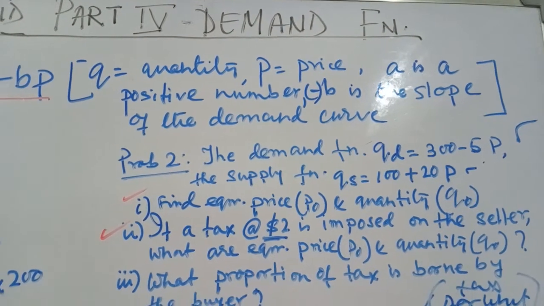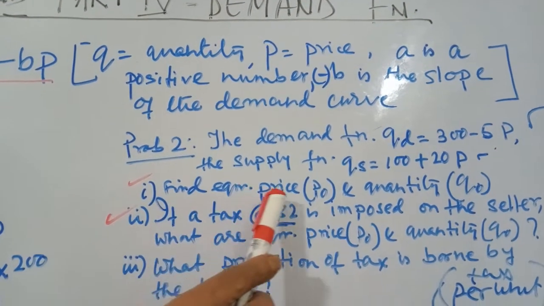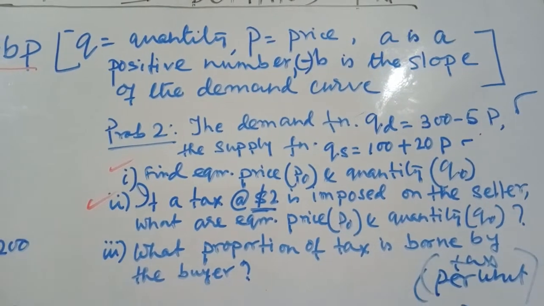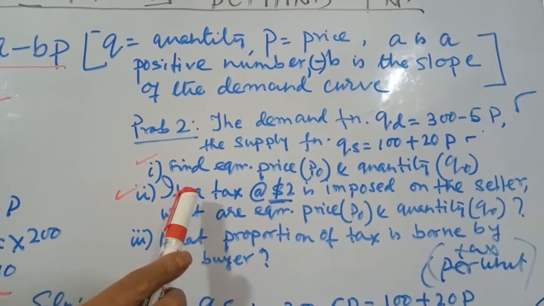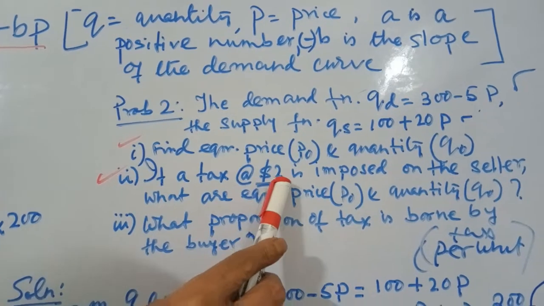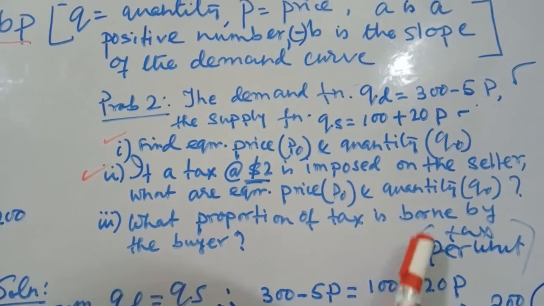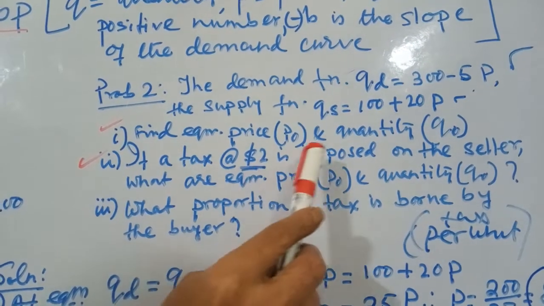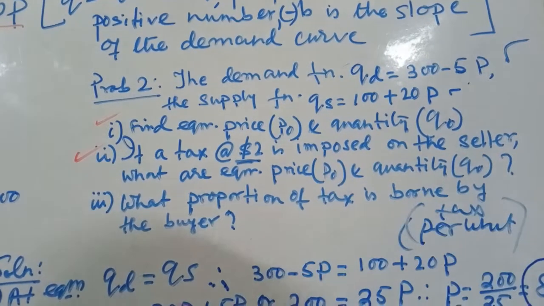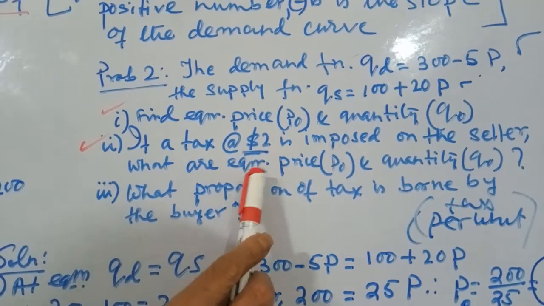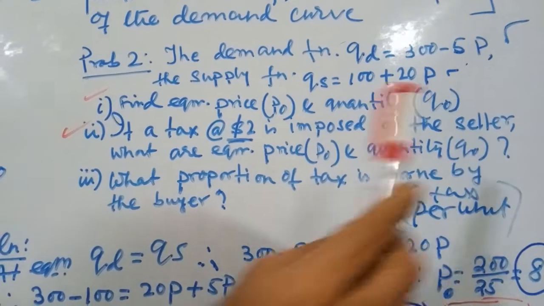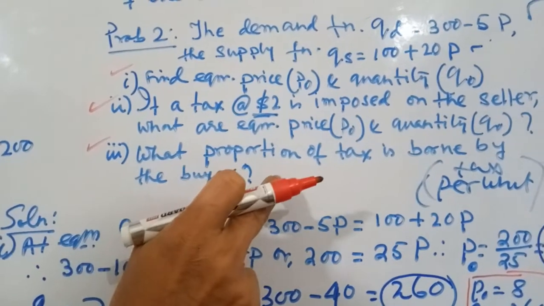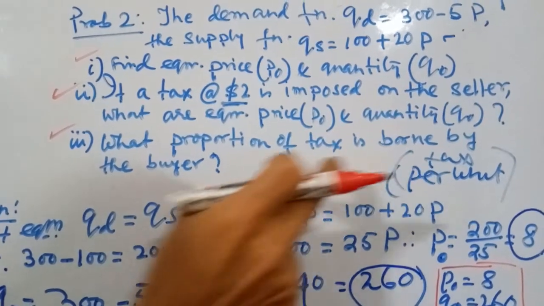The first question is, find the equilibrium price, that is P0, and equilibrium quantity Q0. The second one is, if a tax of $2 per unit is imposed on the seller, what are the equilibrium price and equilibrium quantity? And the third one is, what proportion of tax is borne by the buyer?